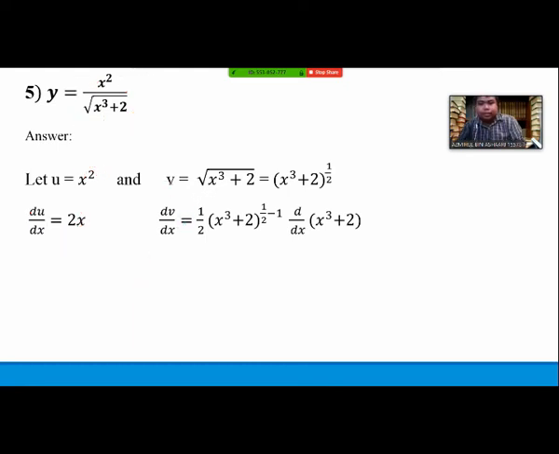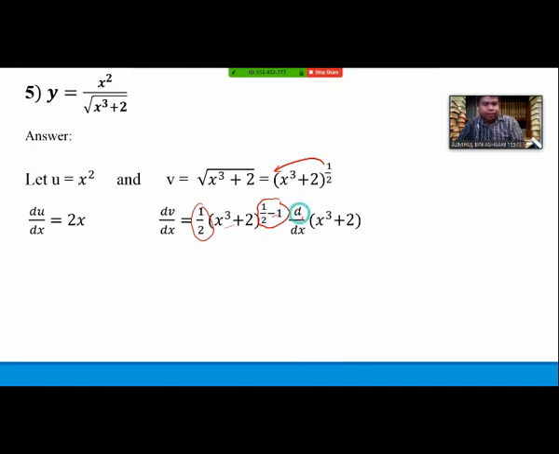For this case, you assume v is square root of x power 3 plus 2. You need to change it first into this one. And after that, you move this one to the front, becomes half. And x, copy again, the above, copy again. And the power, which is half minus 1.